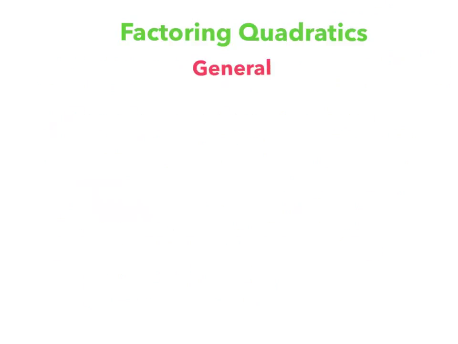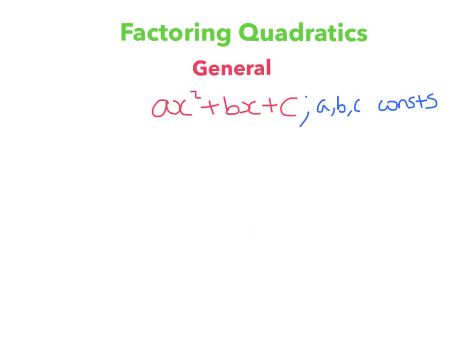Now let's look at factoring quadratics. A quadratic generally takes the form of ax squared plus bx plus c, where a, b, and c are constants. So before we start the factoring, let's just play a simple number game.